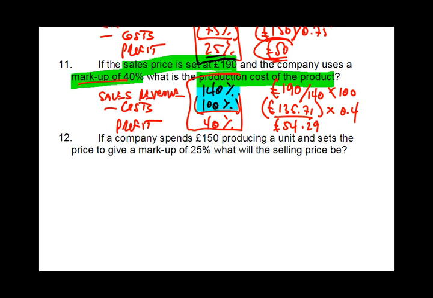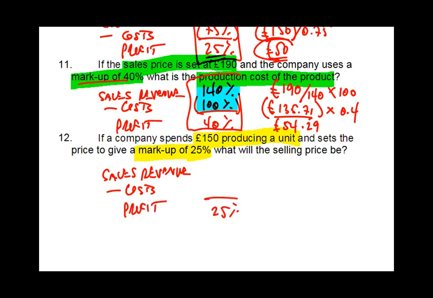Well, final example, £150 production cost, and again we've got a 25%, but it's a markup of 25%. So I put together my little skeleton profit and loss.